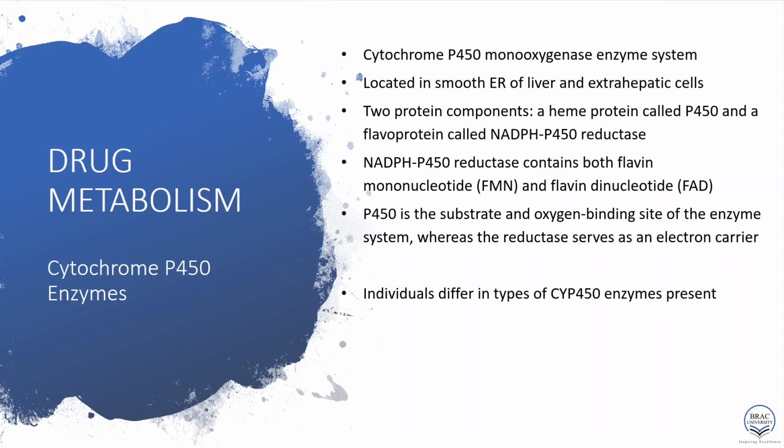We can classify individuals as fast metabolizers or slow metabolizers. Fast metabolizers can quickly metabolize drugs, and slow metabolizers are slow in their drug metabolism. This is mainly because of their liver enzyme, cytochrome P450.